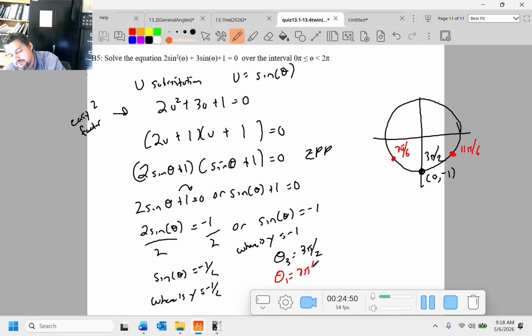I get 7 pi over 6 and I get 11 pi over 6. This thing has 3 answers. Oddly enough, the reason it has three answers is because of the cyclic nature of trig. And there you go. Drops the mic. Good luck on your test.